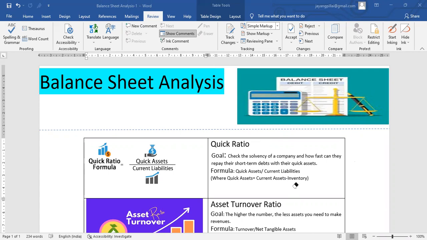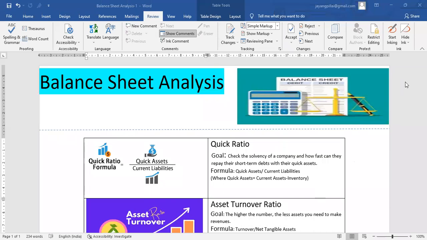Quick assets can be converted into cash a little faster than inventory. So when we divide quick assets by current liabilities, we get the quick ratio, and that quick ratio is useful in analyzing the solvency of a company, and thereby we can come to know how fast a company can repay its short-term debts or short-term payments. And the health of the quick assets is helpful in knowing this particular kind of condition.